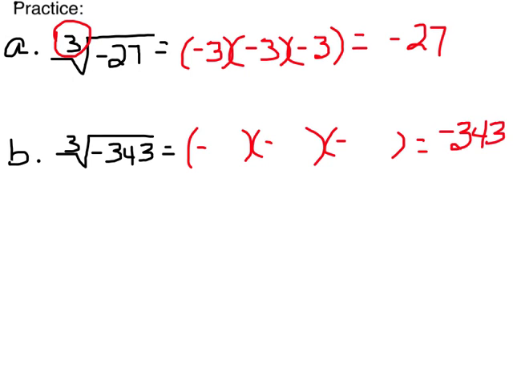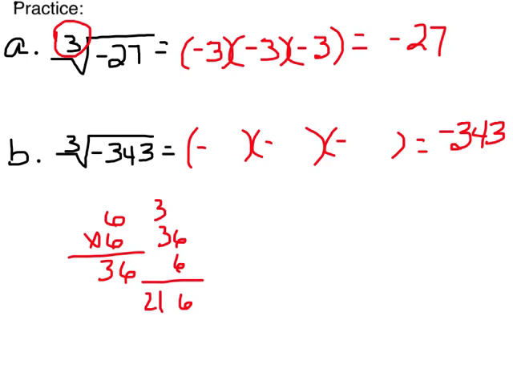Well, we know it can't be 5, because that equals negative 125. We can try 6. 6 times 6 is 36, and 36 times 6 is going to be 216.